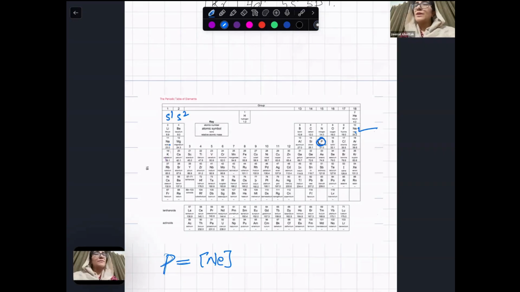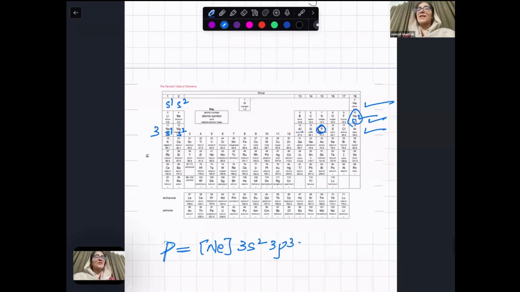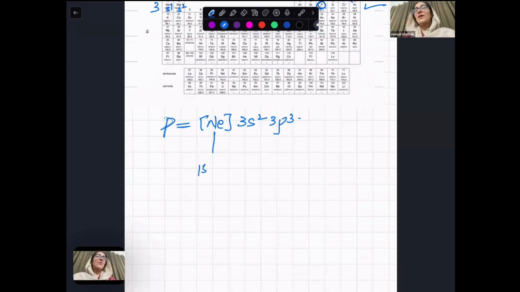This is neon, period 1, period 2, and this is period 3. So 3s1, 3s2, 3p1, 3p2 and 3p3. Perfect. So what is neon? Neon is 10: 1s2, 2s2, 2p6, 3s2, 3p3.